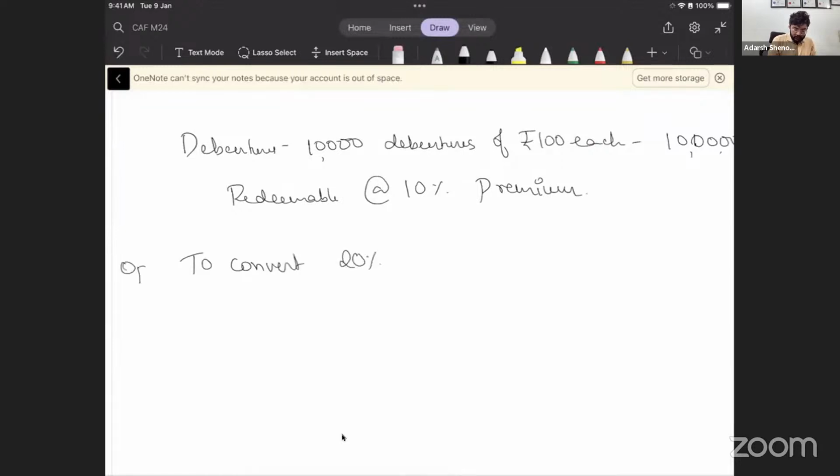This is an option. If you want, choose it, otherwise not. Option to convert 20% of the debentures into equity shares.